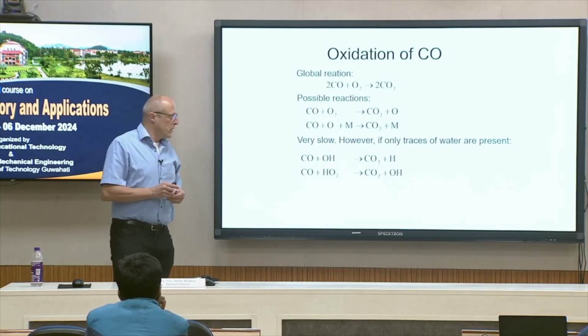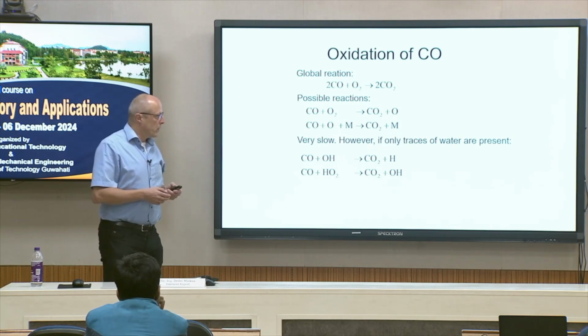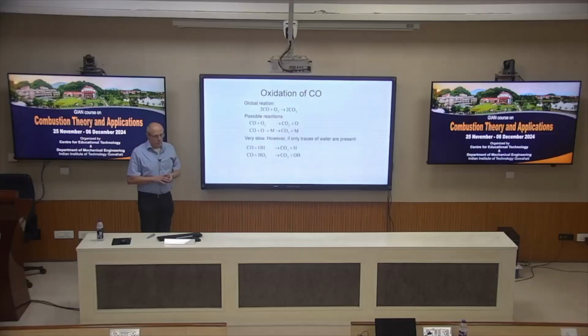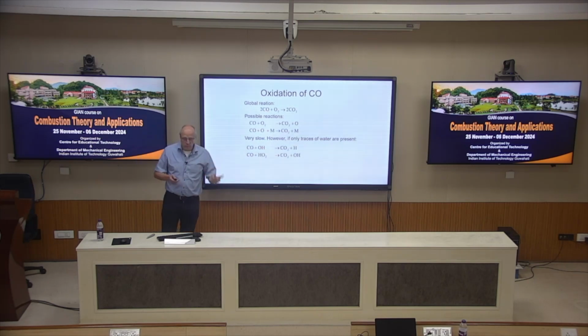And therefore, for example, if you look for explosion limits of carbon monoxide, you always have to take care: is it dry carbon monoxide, or is it carbon monoxide with some humidity present? So you find totally different explosion limits here.